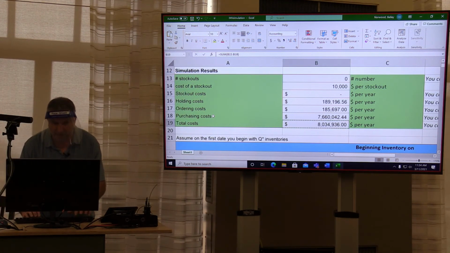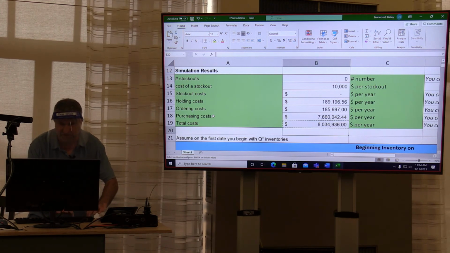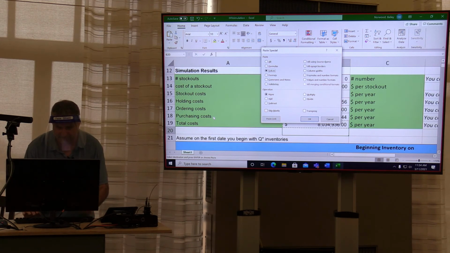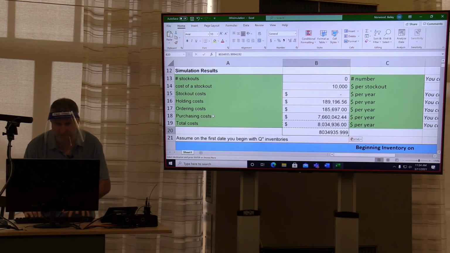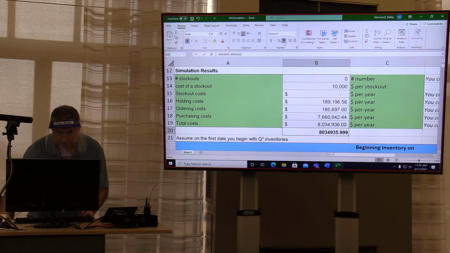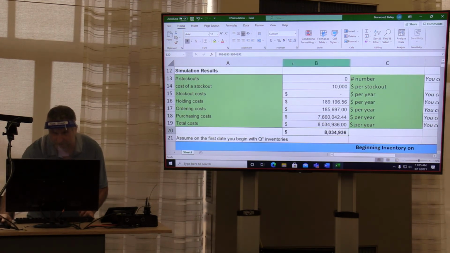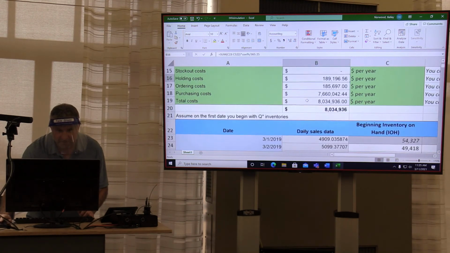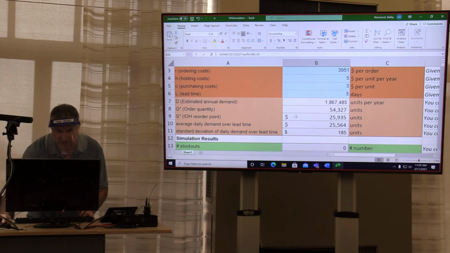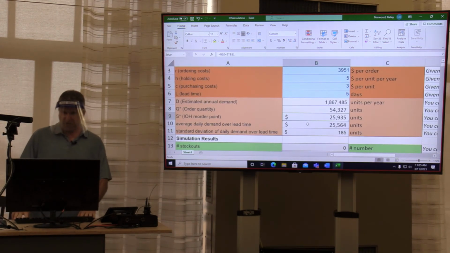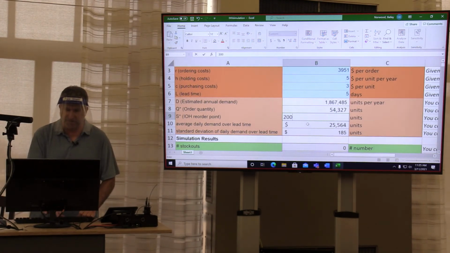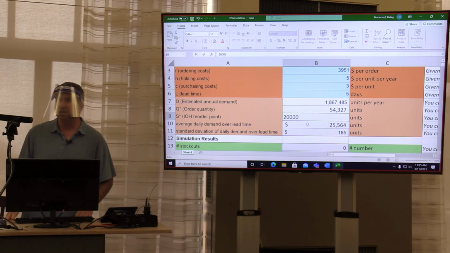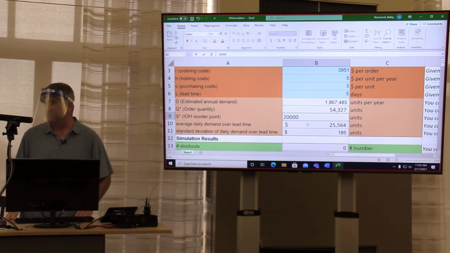And I'm going to copy and paste this right here so we know what the old cost was. So under our previous rule, our inventory management cost was a little over $8 million. Let's come up here and let's suppose instead of reordering when inventory is 25,935, let's change it to 20,000 because management is making me draw down inventories.